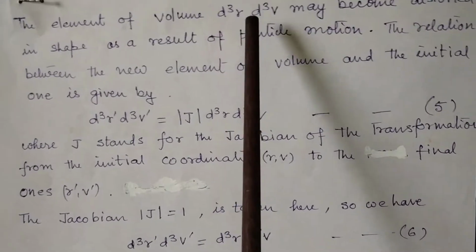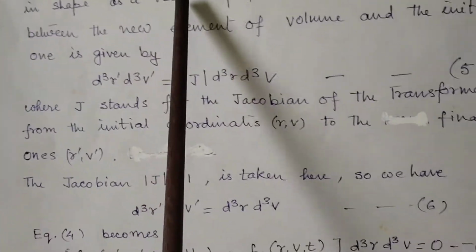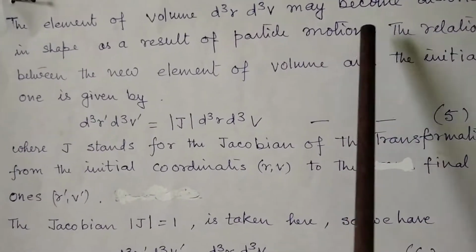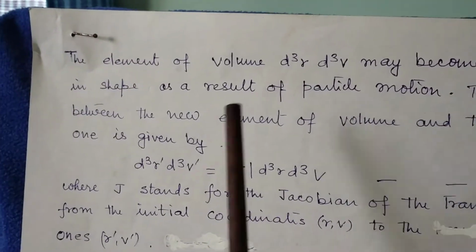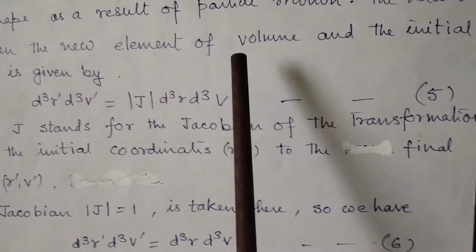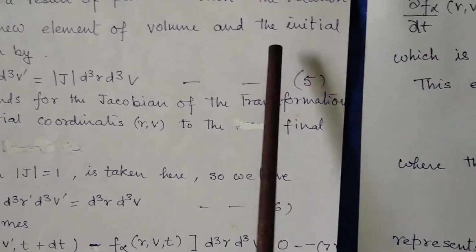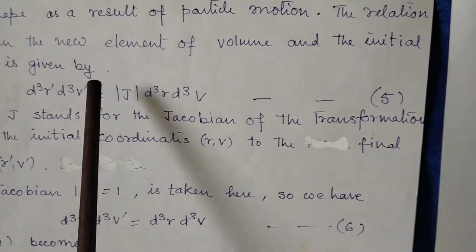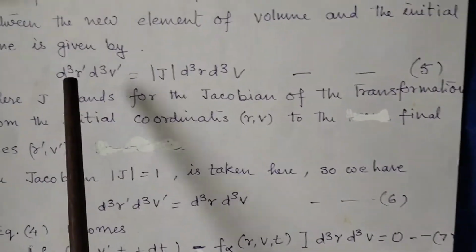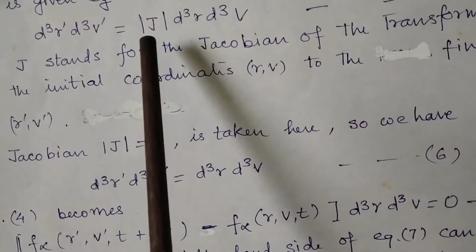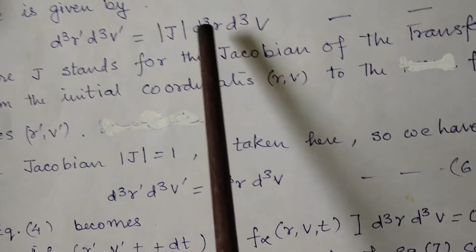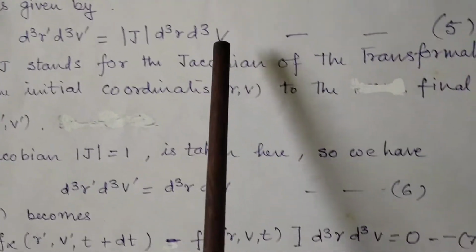The element of volume d³r d³v may become distorted in shape as a result of particle motion. The relation between the new element of volume and the initial one is given by this expression: d³r′ d³v′ equals the absolute value of J times d³r d³v.